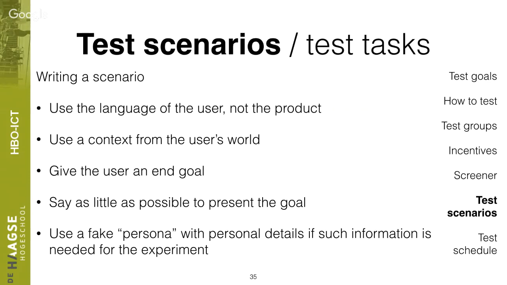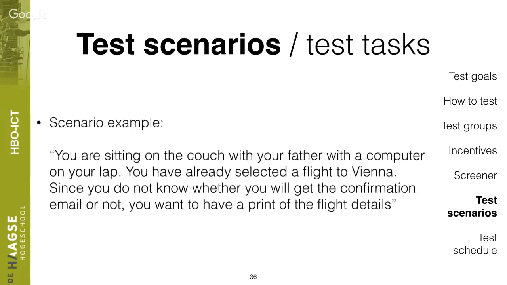How do you think it's going to work? Start. And then you already put them in the mindset of this persona, because it will be very difficult to find people who fit exactly those characteristics. Let's see an example of a scenario.